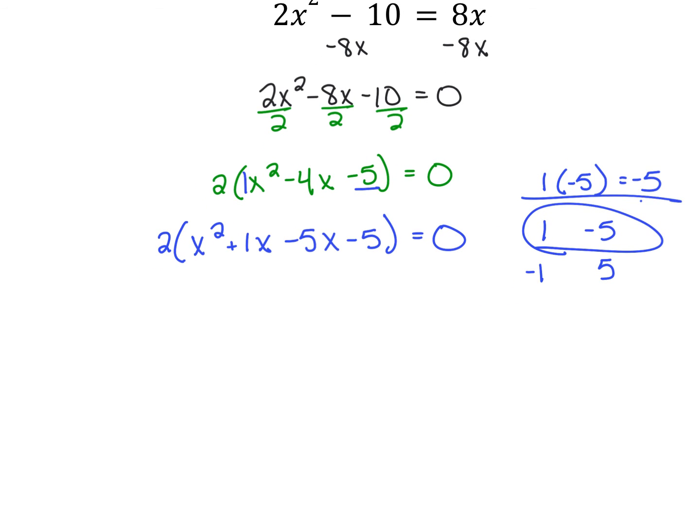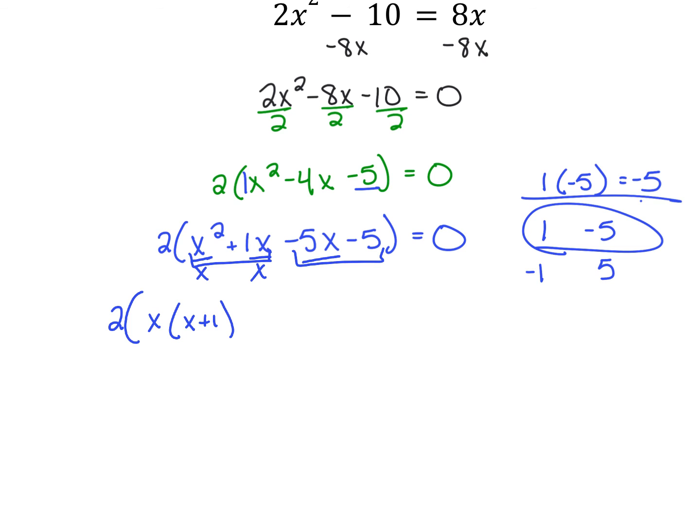And we're still going to group that front part and that back part, but we just have to keep that 2 in there. So x squared and 1x have an x in common. So we're going to divide those by x. That will give me x plus 1 for that first section. Okay, be careful with your parentheses because there's a lot going on right now.